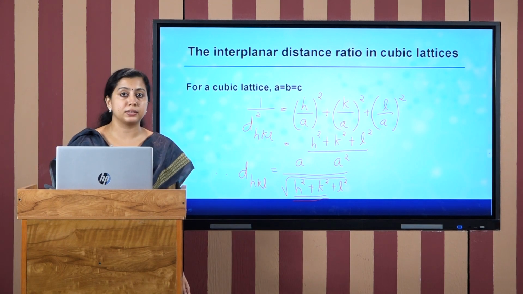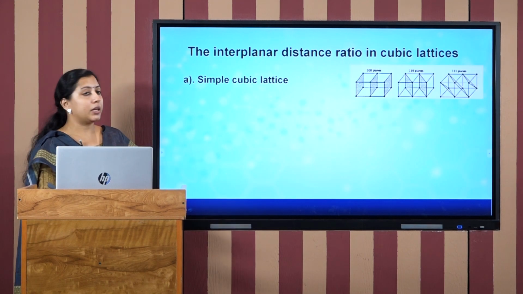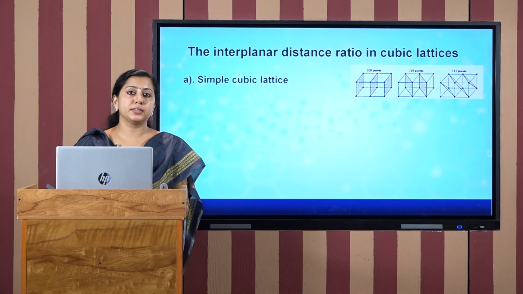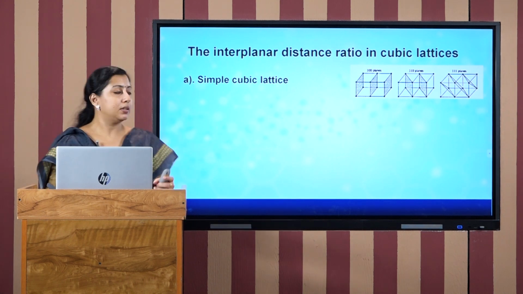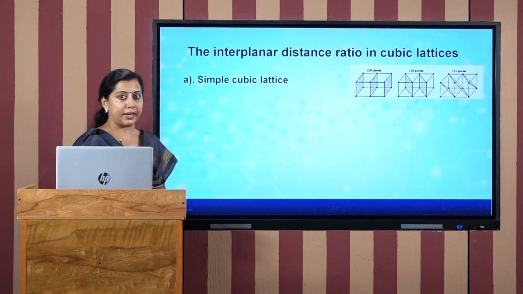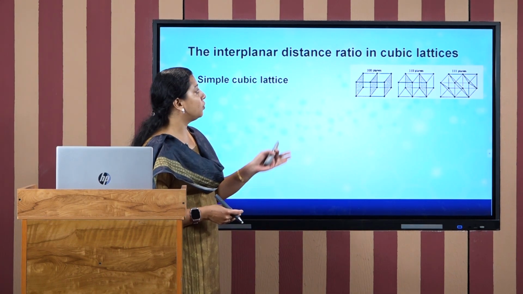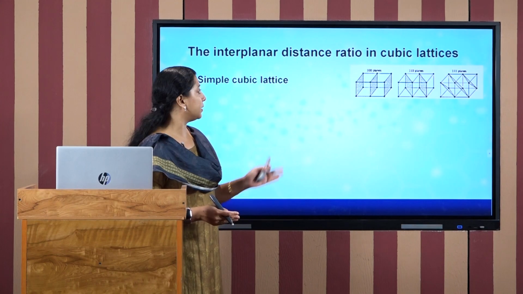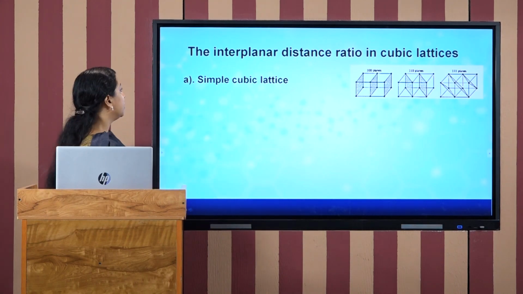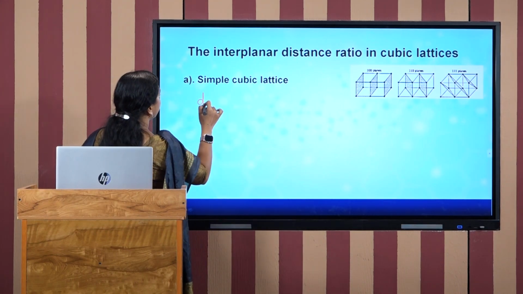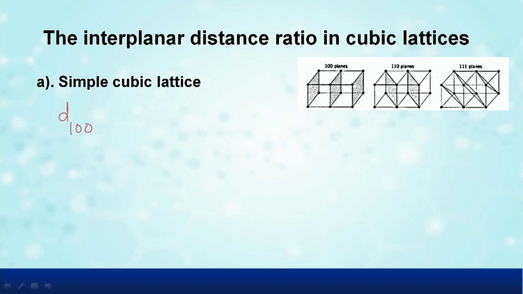Now, let us find out the interplanar distance ratio in each type of lattice. First, consider a simple cubic lattice. We have the 1 0 0, 1 1 0 and 1 1 1 planes in a simple cubic lattice. So, we have d 1 0 0. How to calculate the distance? That is equal to a divided by root of h square plus k square plus l square.